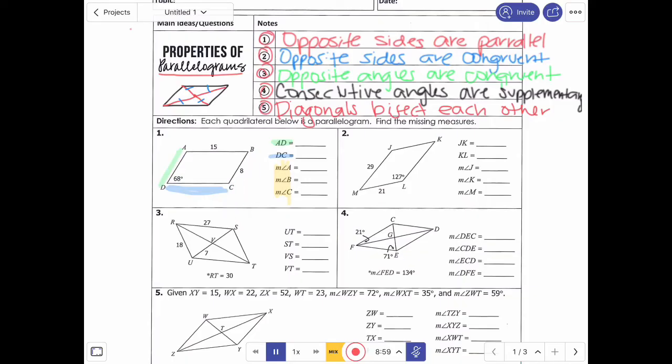So that means AD should also be 8. Whoops, I put that on CD. So AD is 8. Then side DC is opposite side AB, so these two sides should be congruent, so DC is also 15.